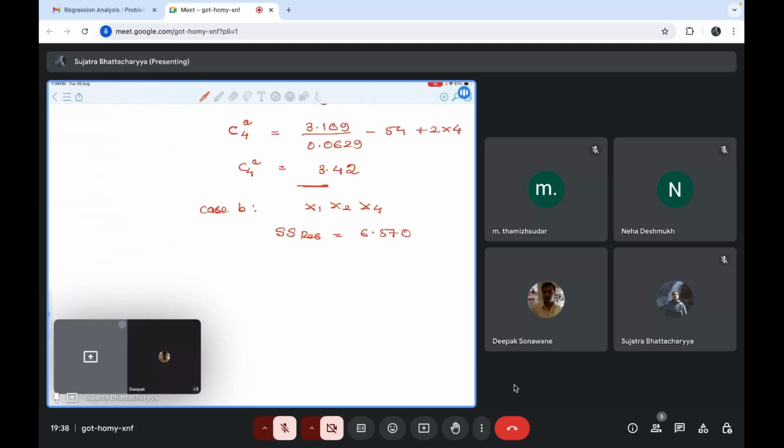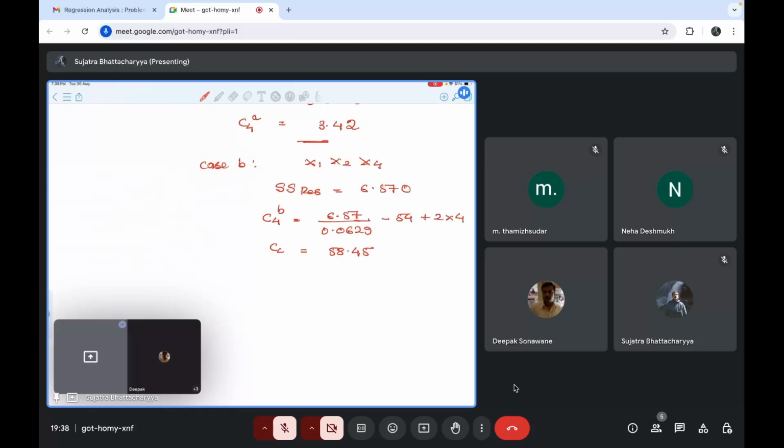So this is done. So C4 of B is 6.57 divided by 0.0629. This will not change because it's for the full model, minus 54. This is also not going to change, 2 into 4. That comes out to be 58.45. Okay, so C4B for case B is 58.45.